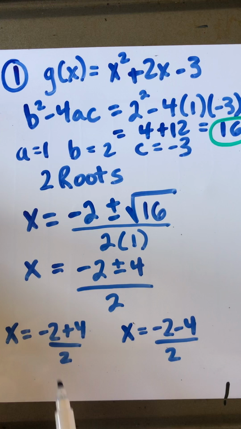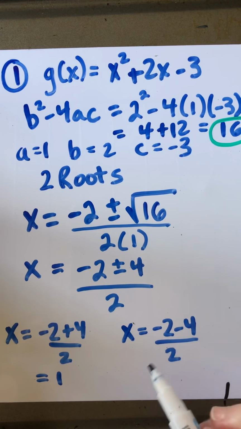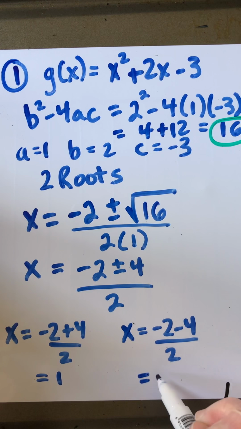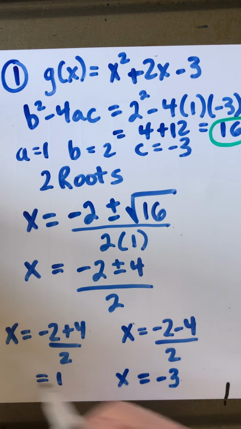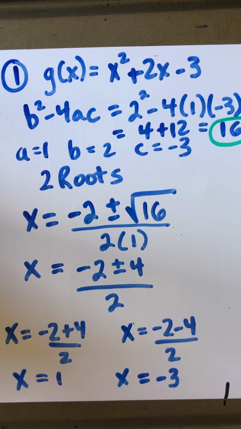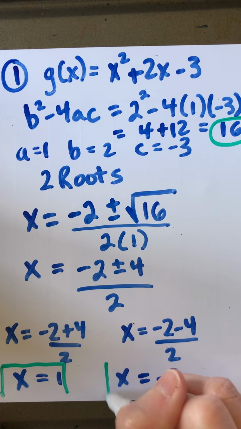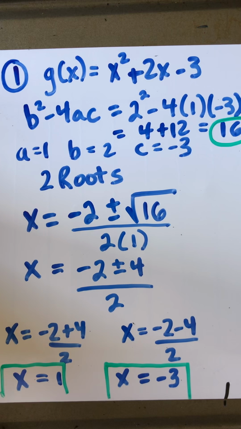In this case, I get 2 divided by 2, which is 1, and over here I get negative 6 divided by 2, which gives me negative 3. So when I do that, I do in fact end up seeing that this quadratic, this parabola, has 2 roots or x-intercepts, one at x equals 1 and one at x equals negative 3.